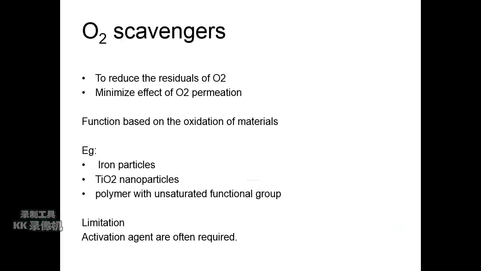Next, for the oxygen scavengers, the idea with this kind of material is basically to reduce the residual oxygen when the food is packed with modified atmosphere systems, and also to reduce the effect from oxygen permeation through the packaging materials from the outside into the package.